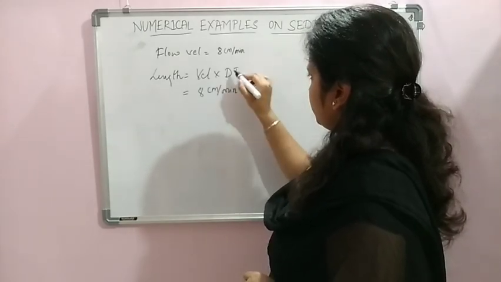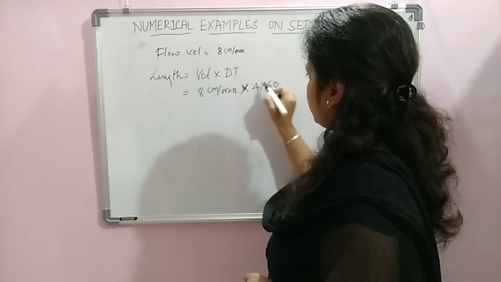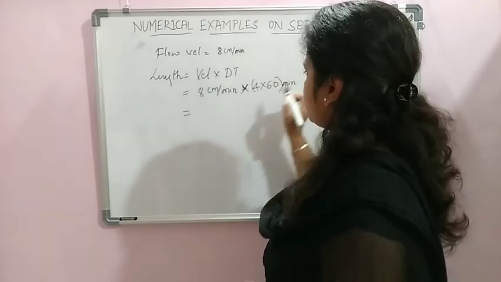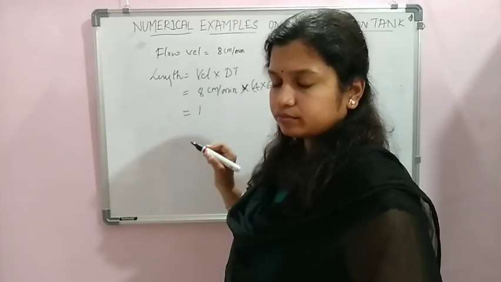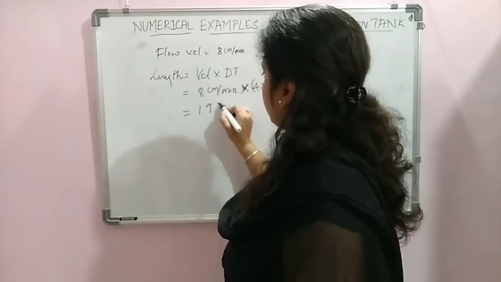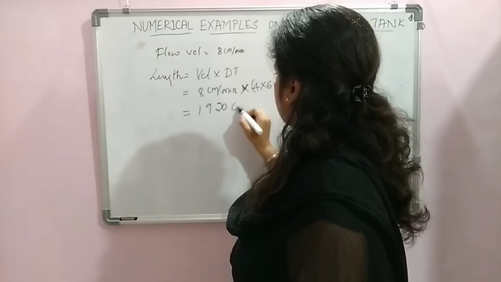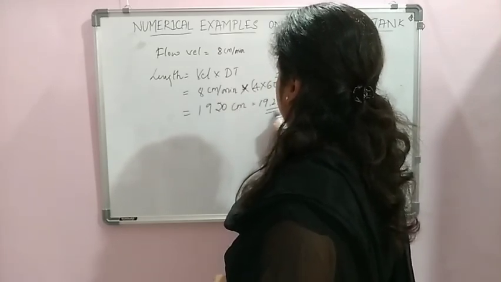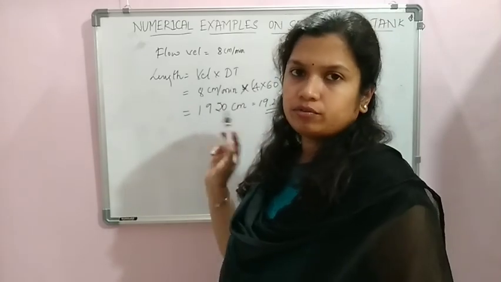To convert 4 hours into minutes, we multiply by 60. We get 1920 centimeters, which is 19.2 meters. This is the required length of the tank.